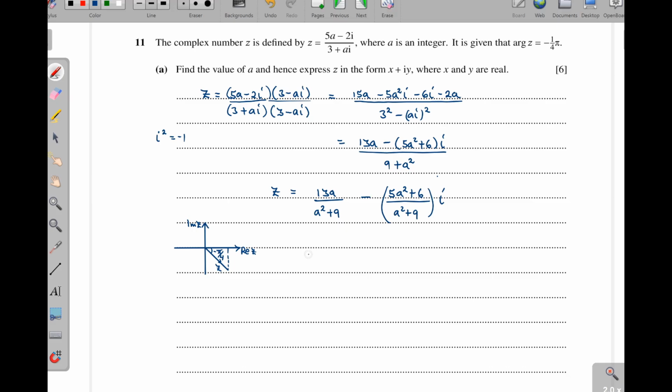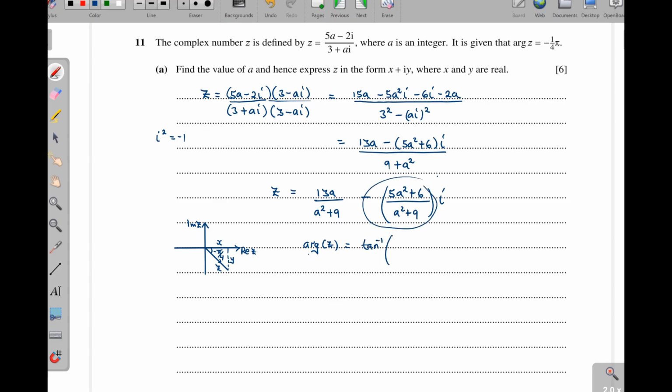Now, argument of z, remember, if you have, this is your x, and then this is your y, so the angle that is here, you're going to have tan of theta is equal to the opposite over the adjacent. So meaning, this argument is going to be the arctan of the imaginary part over the real part, okay? So I can say argument of z is equal to the arctan.